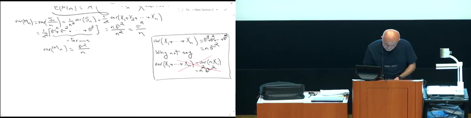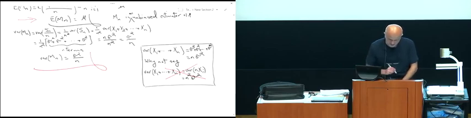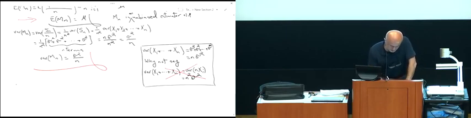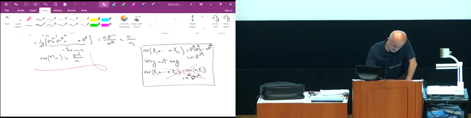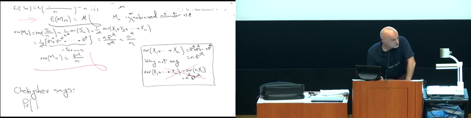So what do we have here? We've got the mean of Mn as this, and we've got the variance of Mn as this. Can you tell me what Chebyshev's inequality says? Now that you have these two, Chebyshev says what? The probability that, help me out here, people.